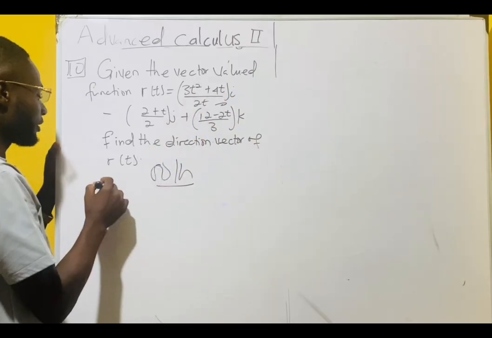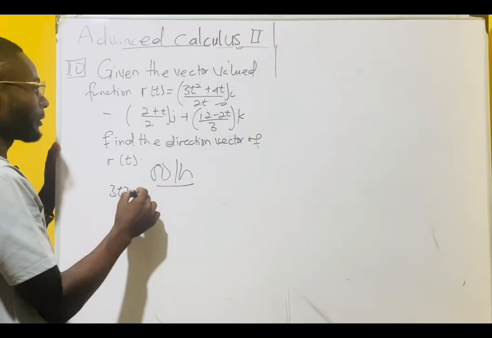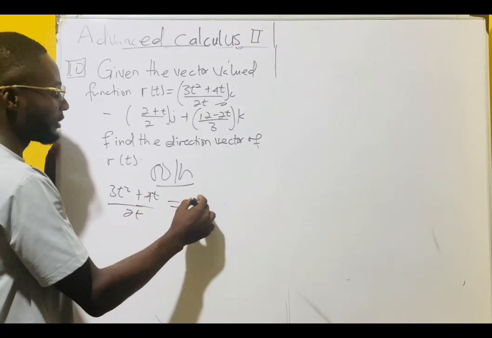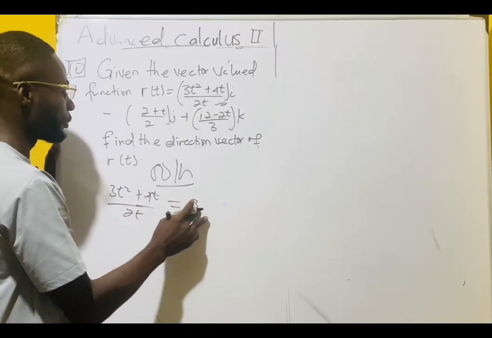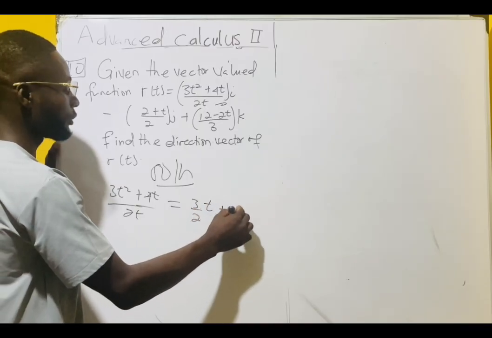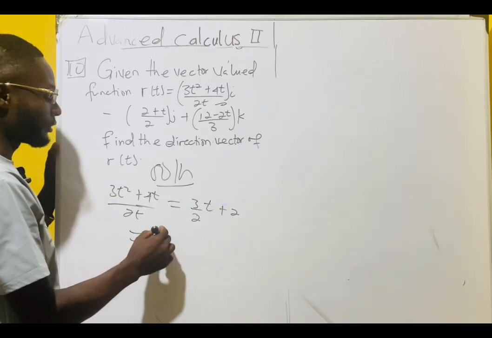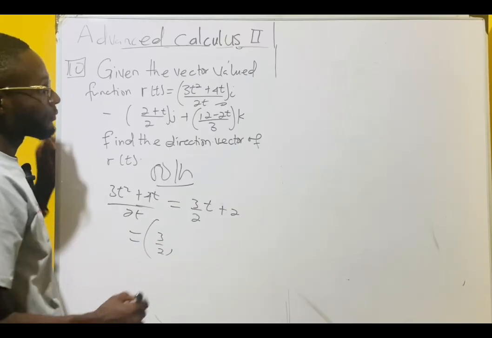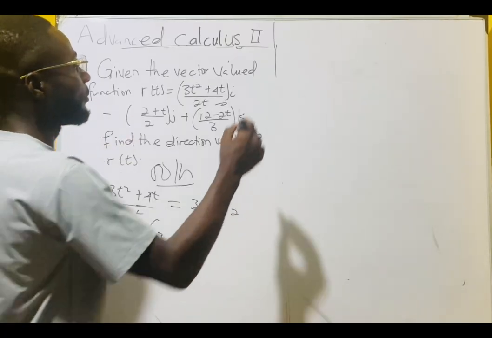So when you differentiate 3t squared plus 4t all over 2t, this can be simplified to what? 3 on 2 t plus 2. When you differentiate that, you're going to have what? 3 on 2. So that is the first part. The second part, we have what?